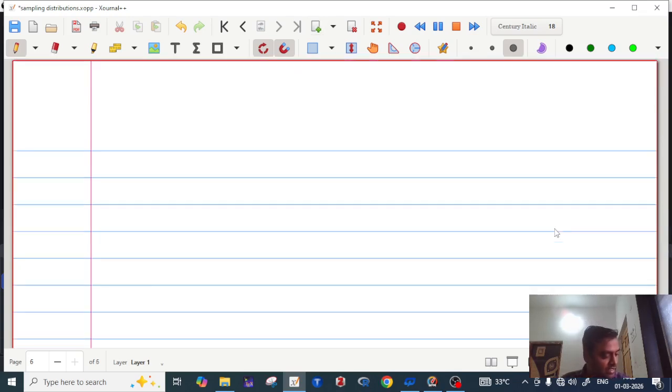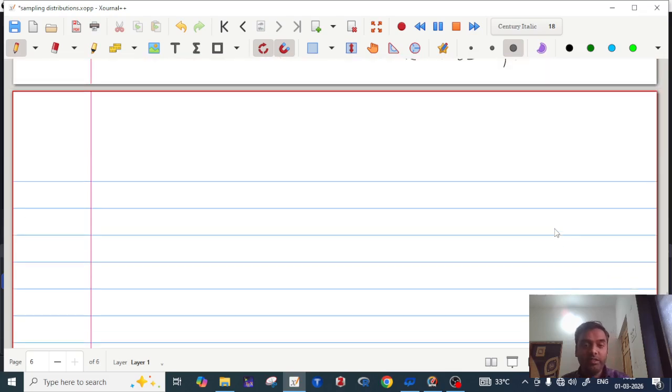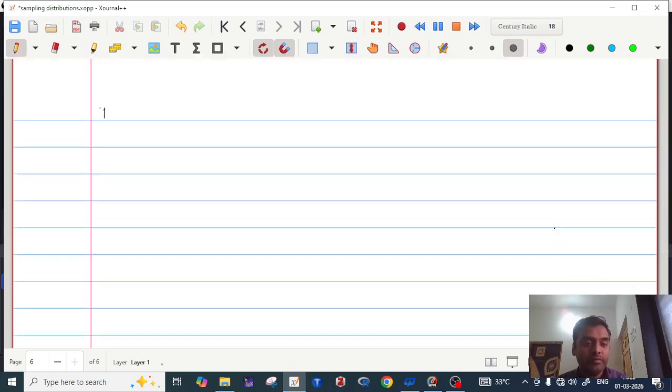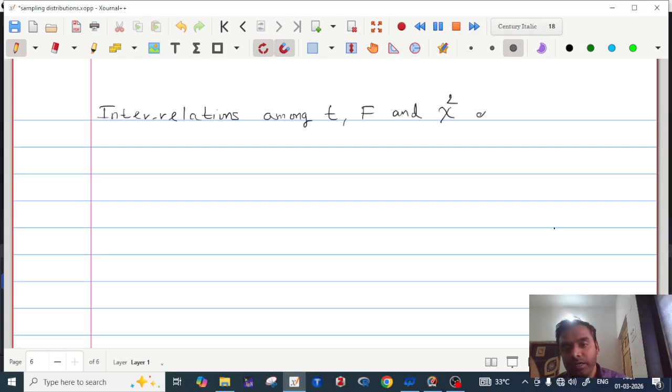And the last is the interrelations among the T, F and chi-square distributions. The first one is: if T follows the t distribution with n degrees of freedom, then its square, T square, follows F with 1 comma n.